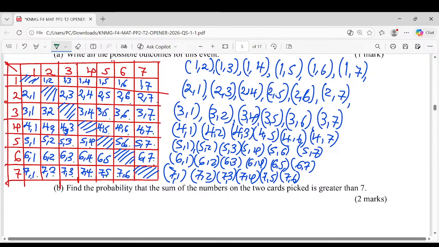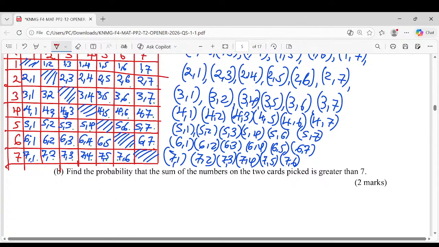They are 24. So the probability, when you count the ones that when you add, they'll be more than 7, is going to be 24 out of the total possible outcomes, 42.